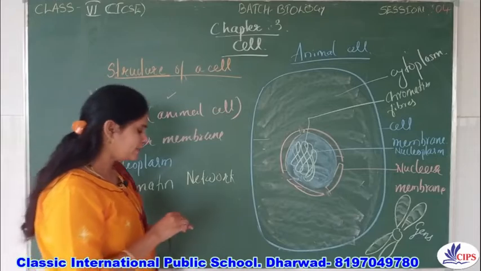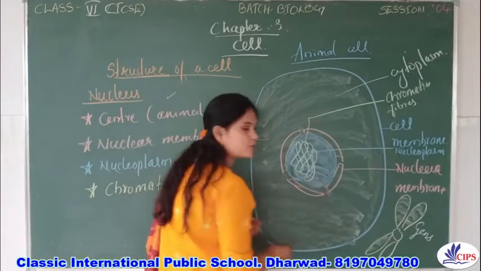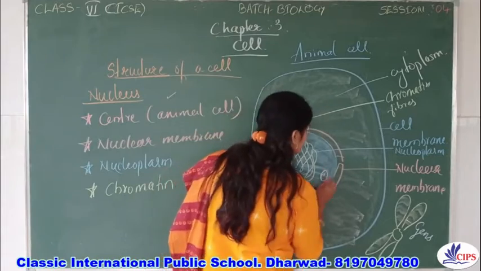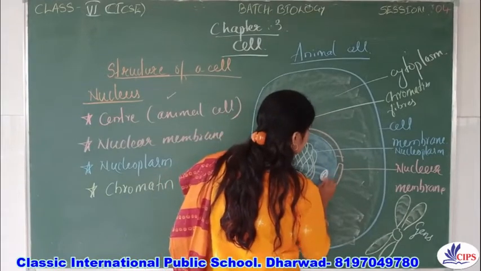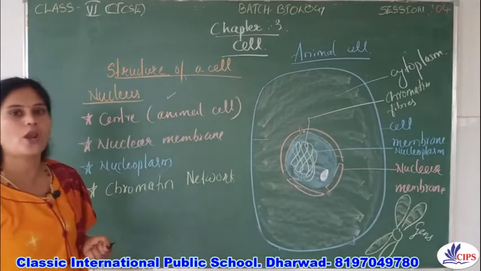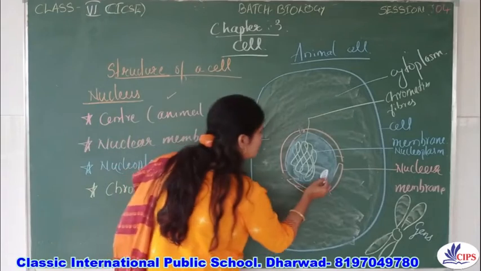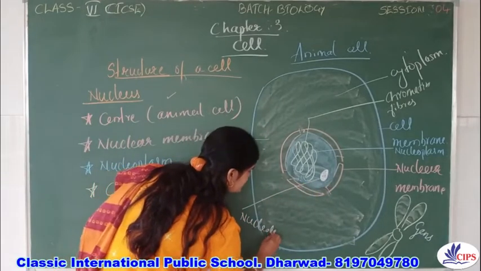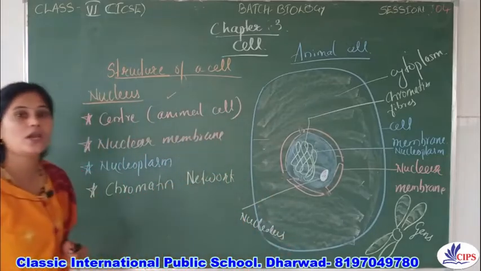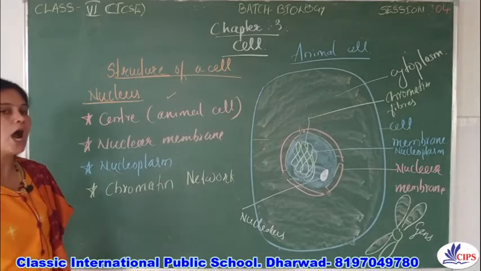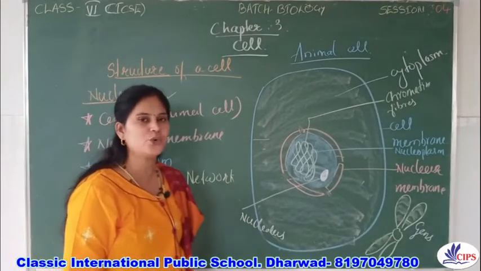Now at the center in the nucleus there is a dark spherical structure, and this dark spherical structure is called the nucleolus. It is called what? Nucleolus, right? So in the nucleus, tell me now, how many components does the nucleus have?